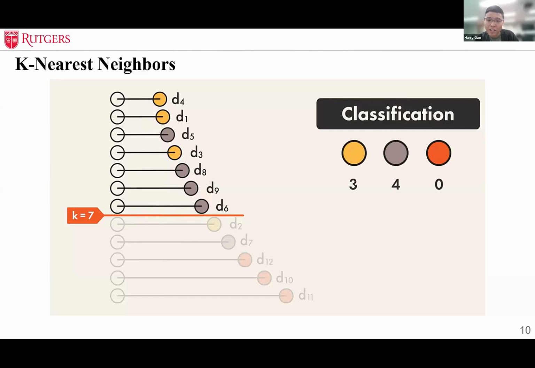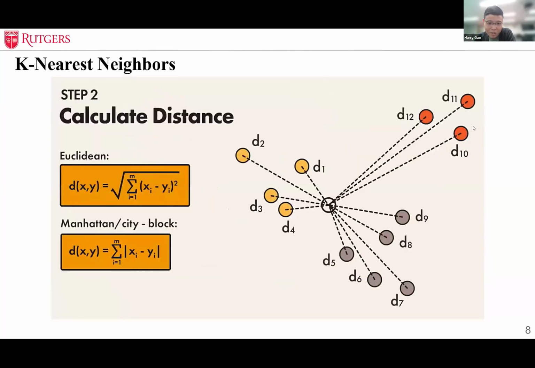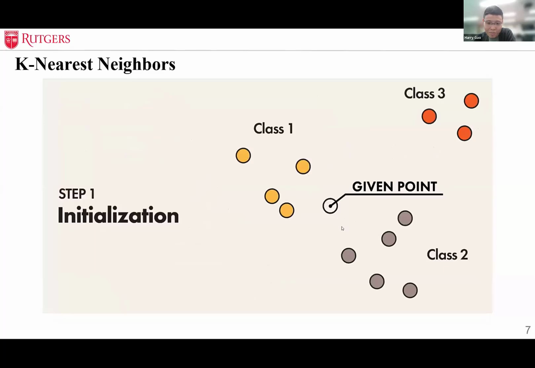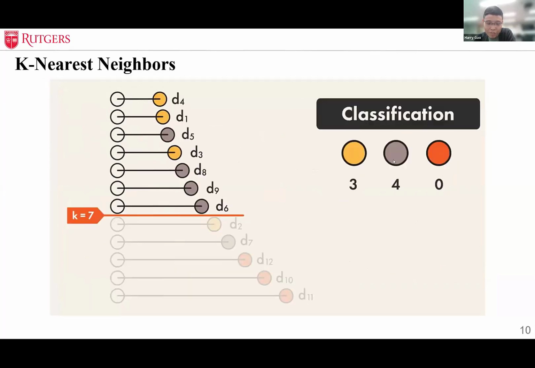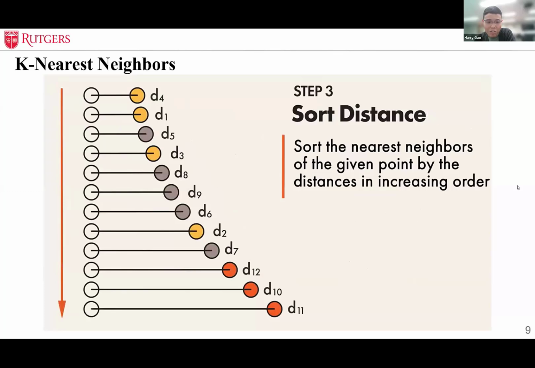So we have 3 votes for yellow and 4 for gray, and 0 for orange. Obviously 4 is the winner, so the gray color wins. We categorize the point into the gray basket. So this is basically how the algorithm works.